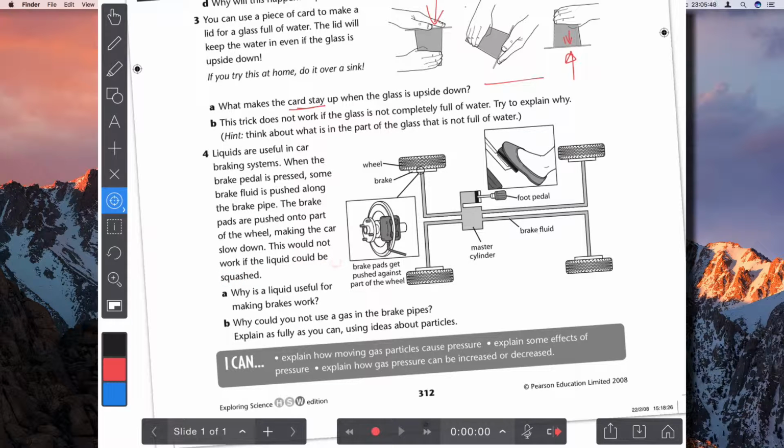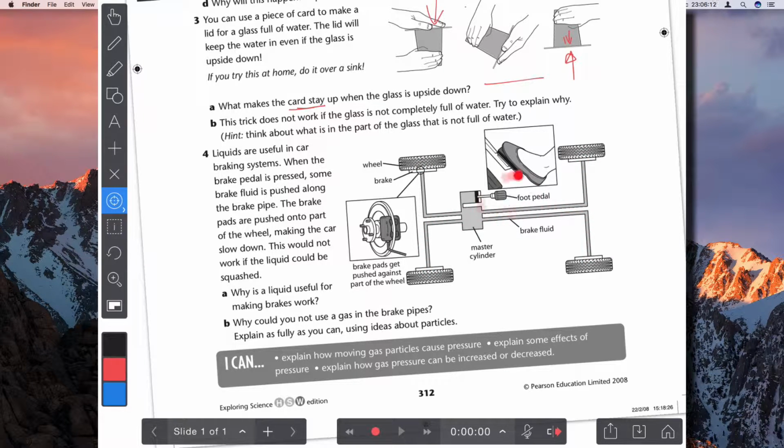This would not work if the liquid could be squashed. Why is a liquid useful for making brakes work? Because the liquid is able to transmit the pressure from the foot pedal to the rest of the pipe where the liquid is.